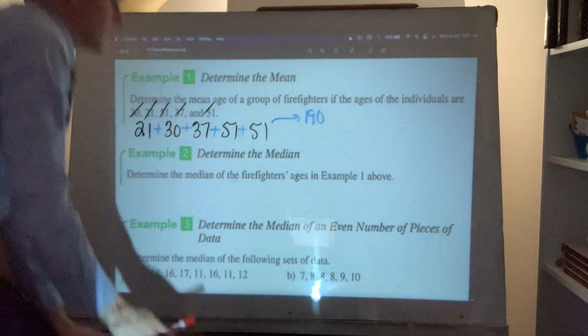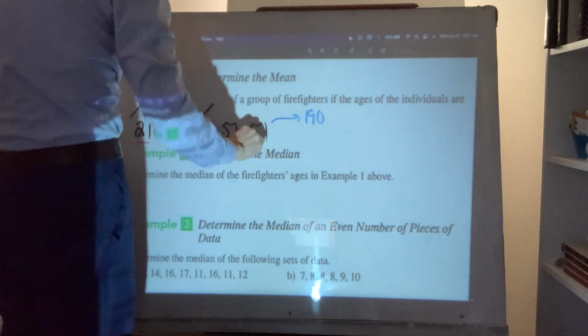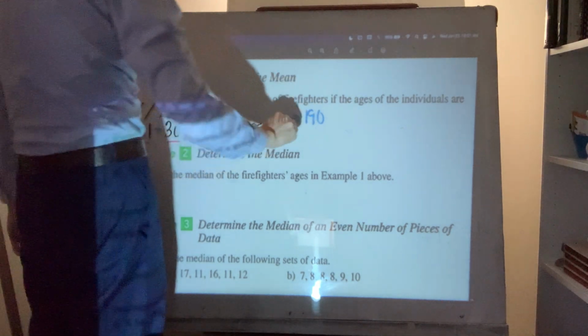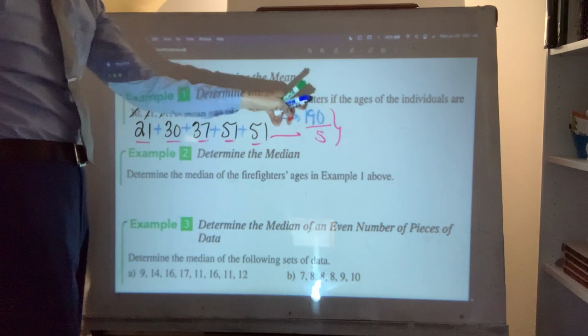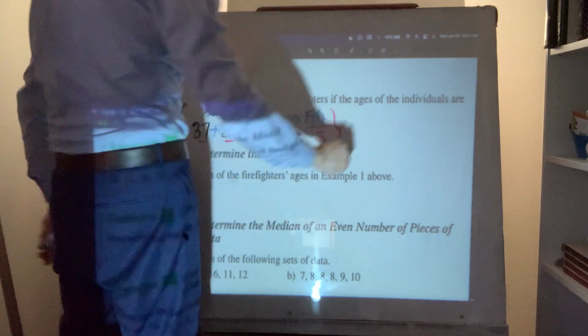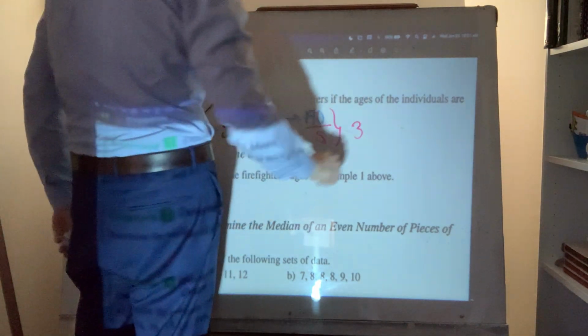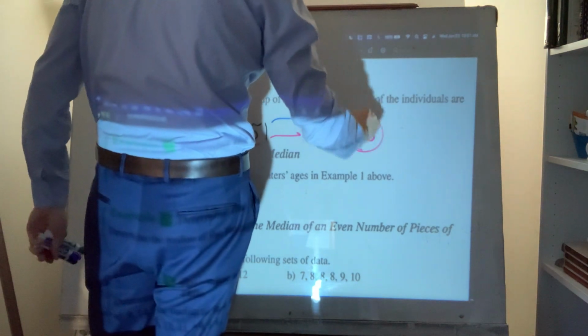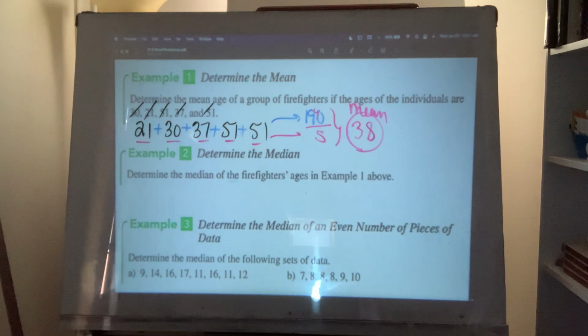Sorry, I dropped my markers all the time. There is 1, 2, 3, 4, 5 pieces of data, so you would divide by 5. 5 goes into 19 roughly 3 times, with 4 left over, and 5 goes into 40 exactly 8 times, which means that the mean average is 38 years old.